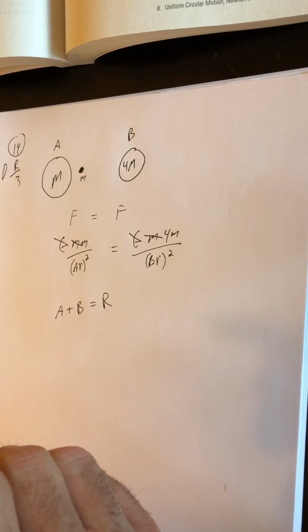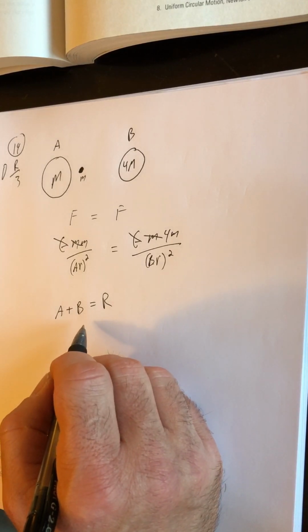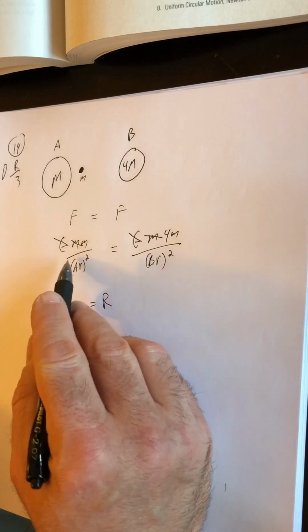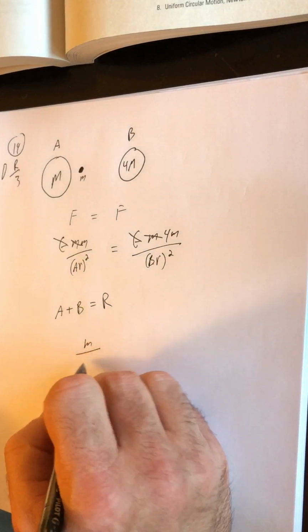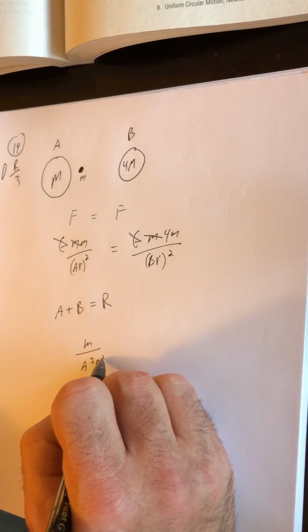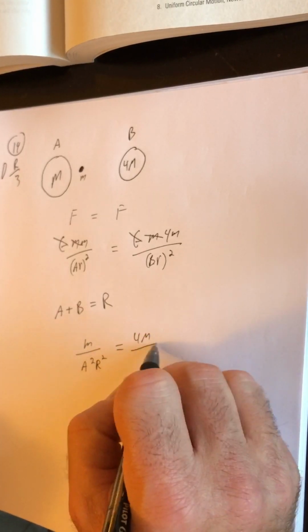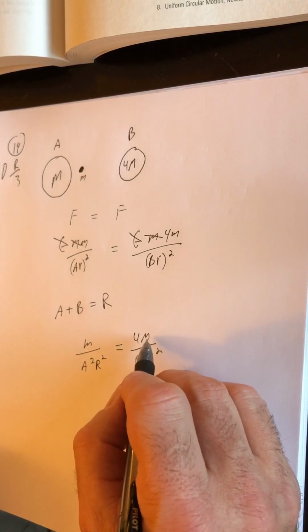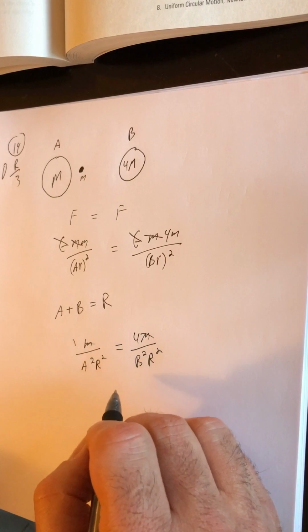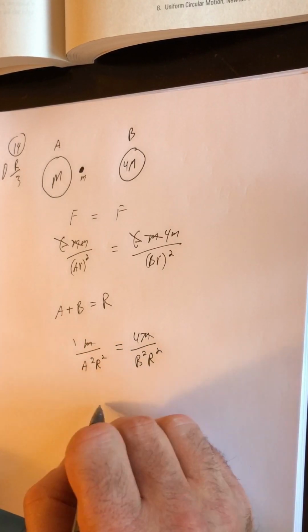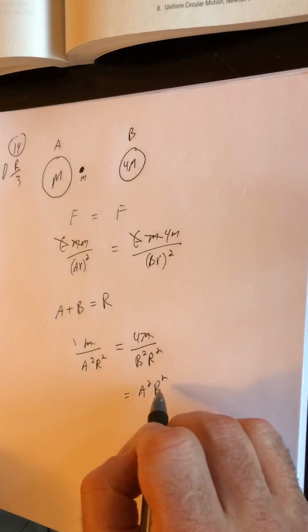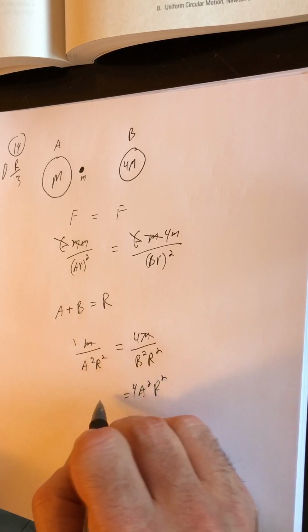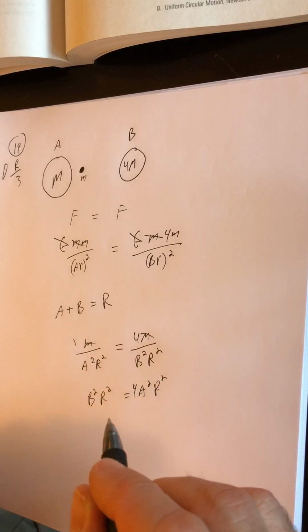Maybe I'll just upload the math or something. So if you keep going with this, you have m a squared r squared equals 4m b squared r squared. Take the m's away and put a 1 up here, so you get a squared r squared times 4 is equal to b squared r squared.